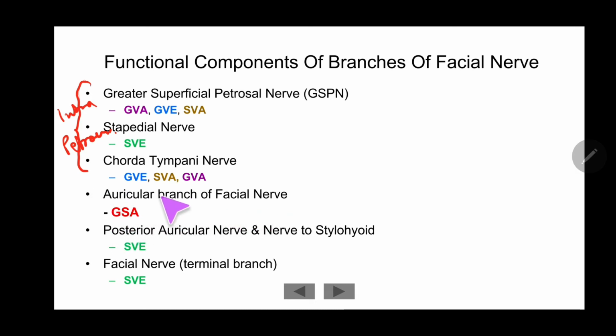Now after emerging from the stylomastoid foramen, the first branch that it gives is the auricular branch of the facial nerve. It winds behind and supplies the auricular region.